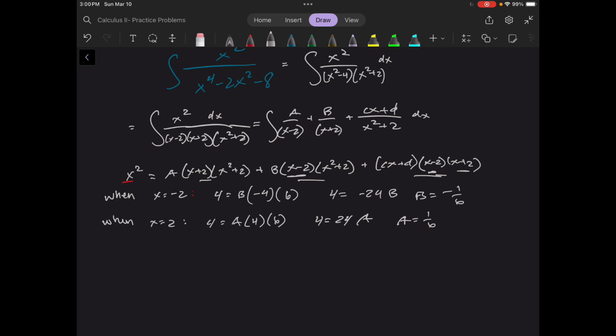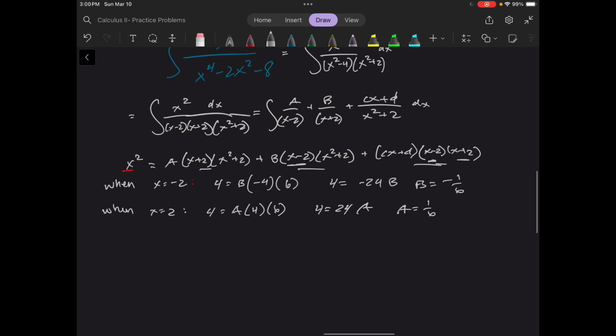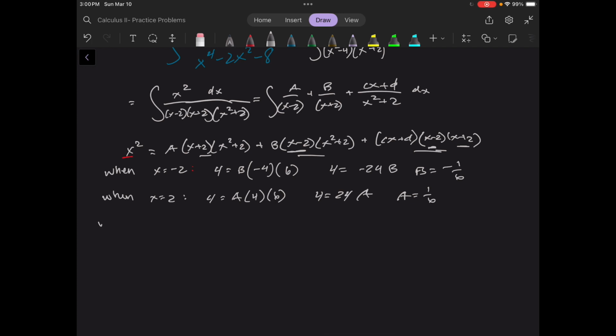We need to figure out what c and d are. Could we call x equal to 0? What that will allow us to do is get rid of the c term, because the only c constant we have is in front of that x. So when x equals 0, we're going to be able to solve for d. So when x equals 0, we have 0 on the left.